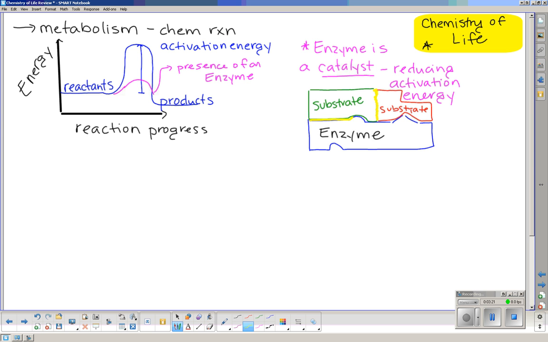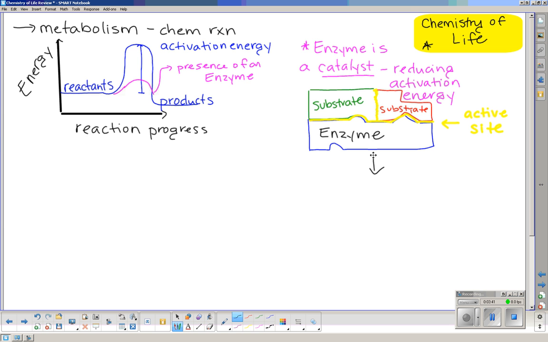The reason they're in such close proximity is because of this area of the enzyme. That area of the enzyme is called the active site. And the active site is so specific to substrate that it's like a lock and a key.